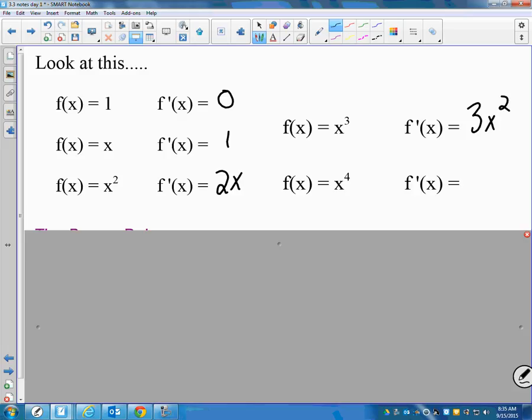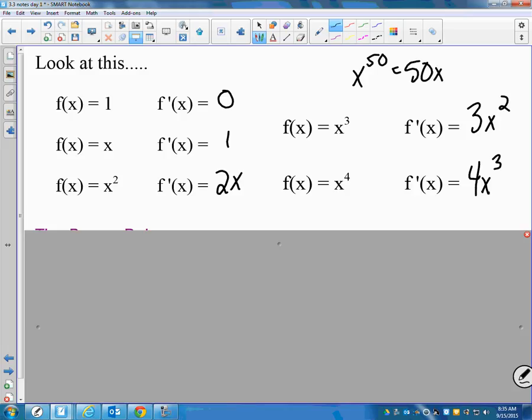And we've done this all with limits. So the derivative of x to the 4th, 4x to the 3rd. So what do you notice, Grady? Well, the constant is increasing by 1, and the x exponent is also increasing by 1. So what if I gave you x to the 50th? 50x to the 49.